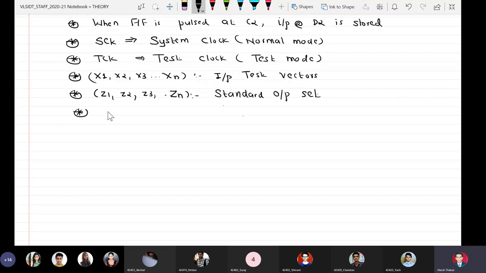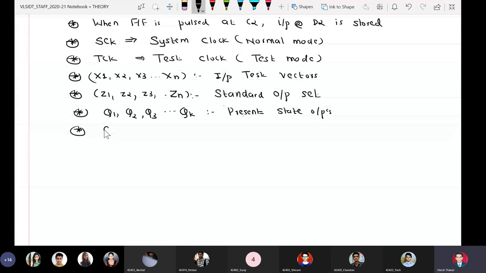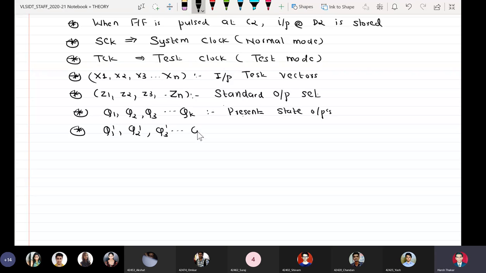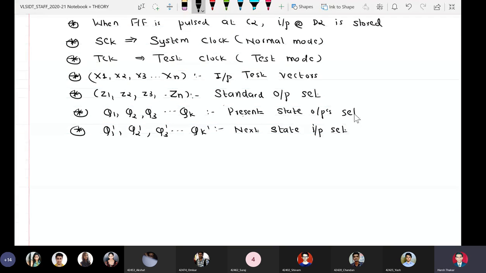Also Q1, Q2, Q3 up to Qk are the present state outputs, while Q1 dash, Q2 dash, Q3 dash up to Qk dash are the next state input set. So present state output set and next state input set.